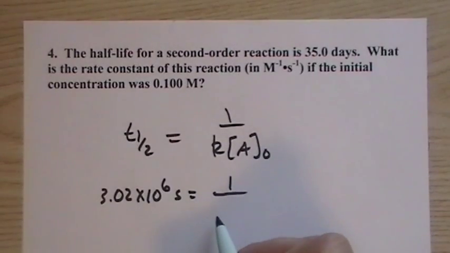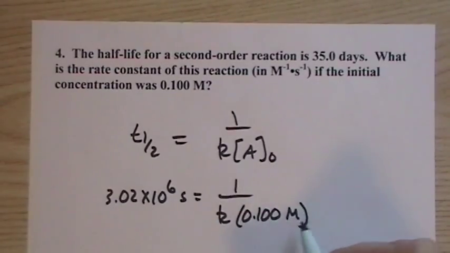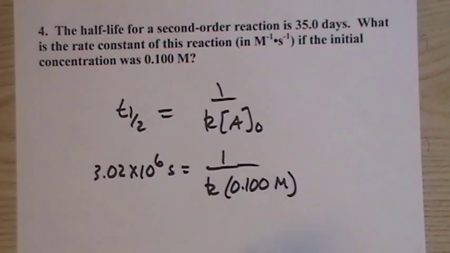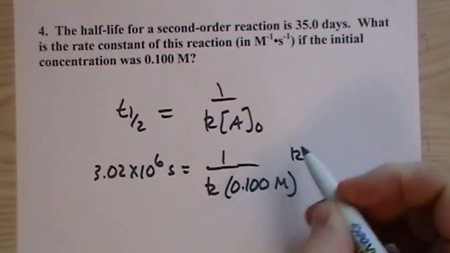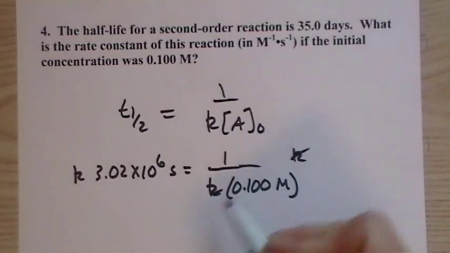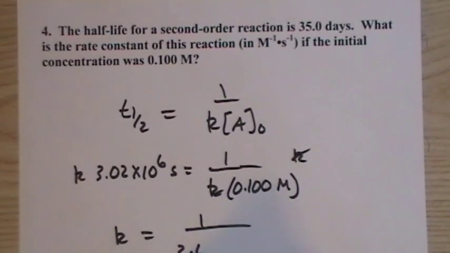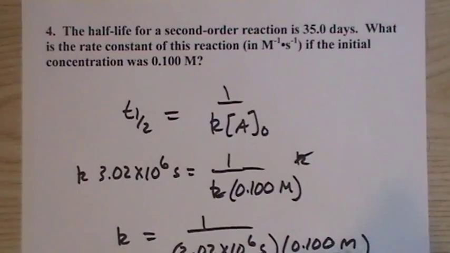1 over, what is the rate constant? We don't know what K is, and our concentration was 0.1 molar. All right, so we bring K over here. So K will then be equal to 1 over 3.02 times 10 to the 6th seconds times 0.1 molar.